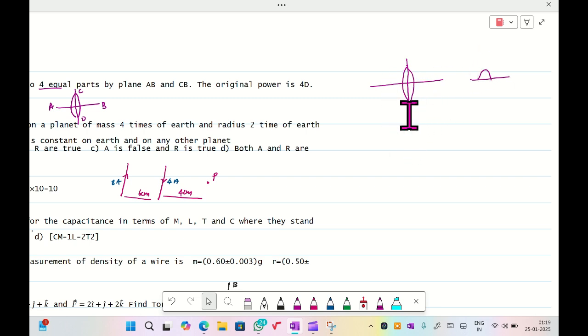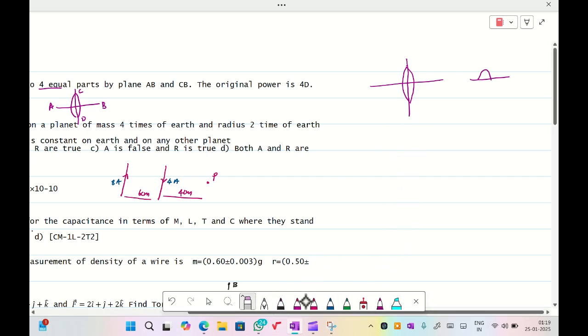If perpendicular to the principal axis, so this is the part. Now like this, the lens will come, means plano convex.